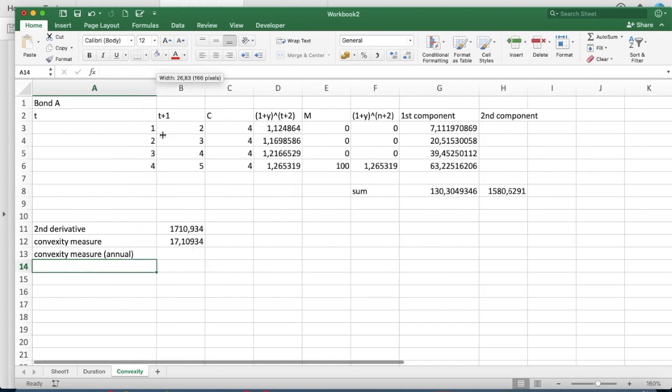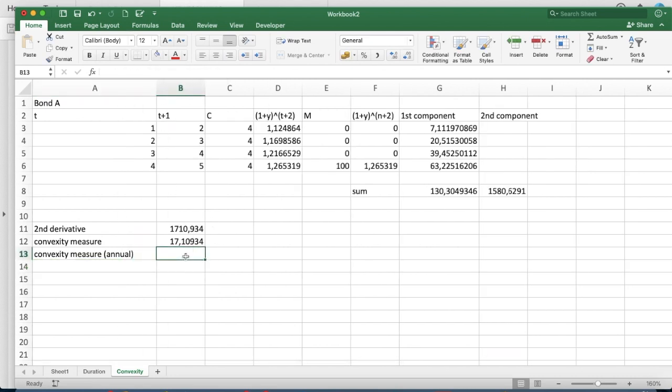To do so, we have to divide the semi-annual by the square of the number of periods, right? Not just the number of periods, because for the duration, we have just to divide by the number of periods, which in this case is 2. We have 2 periods for each year, right? Now we have to divide by the square of the number of periods, which is 4. 2 squared is equal to 4. So the convexity measure is the semi-annual convexity measure divided by 4. And this is the convexity measure for the bond A.